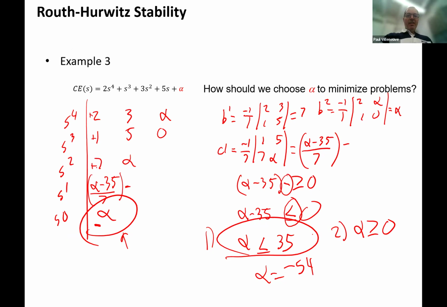Maybe I made a mistake here. Oh yeah, this should be negative. So I forgot the negative. So no matter what, there's nothing I can do to alpha to make it a positive number. There we go, that makes sense now. If this was a positive number, then I would be okay. But since it's a negative number, there's nothing I can do with alpha to result in a stable system. So you have to start from scratch and start rebuilding your system.